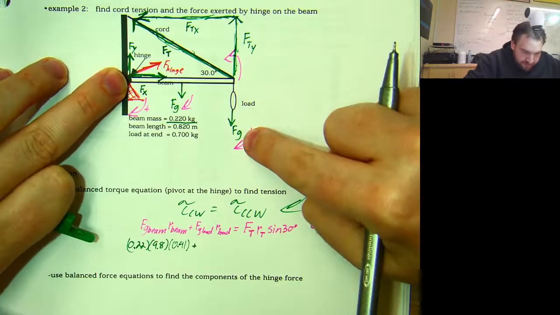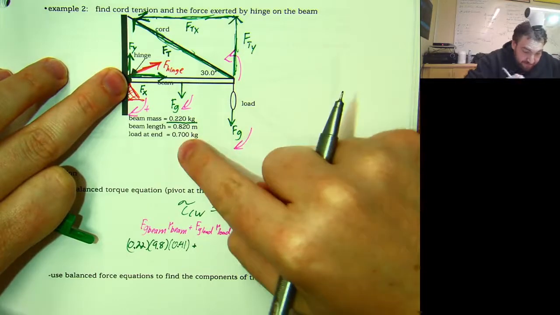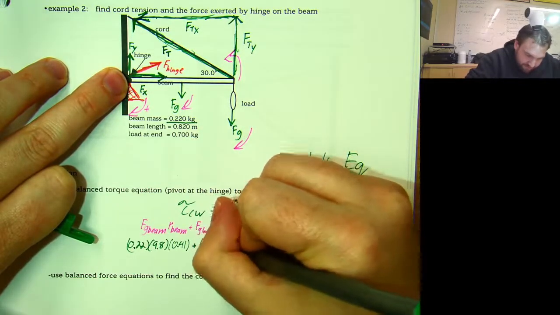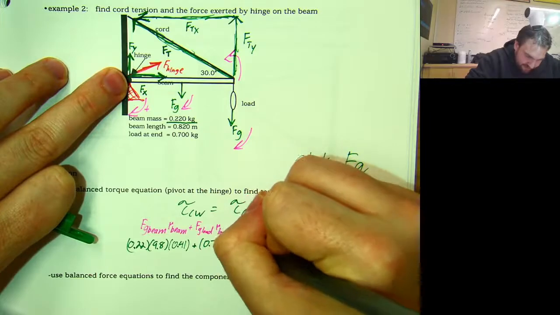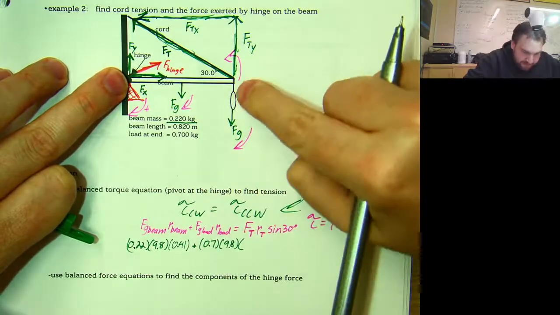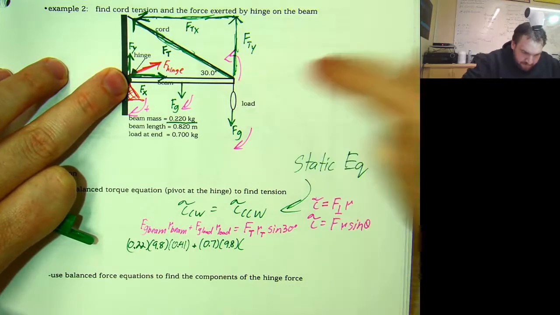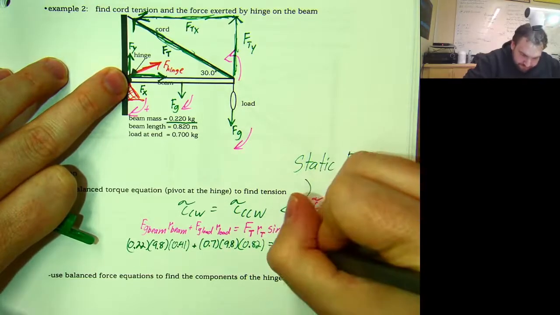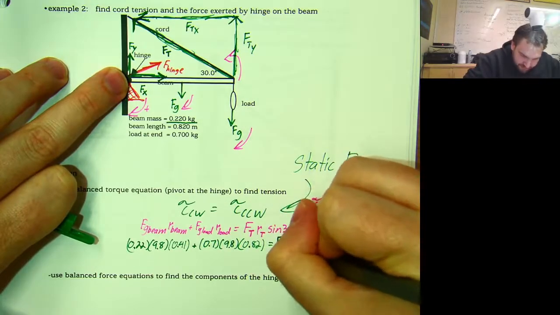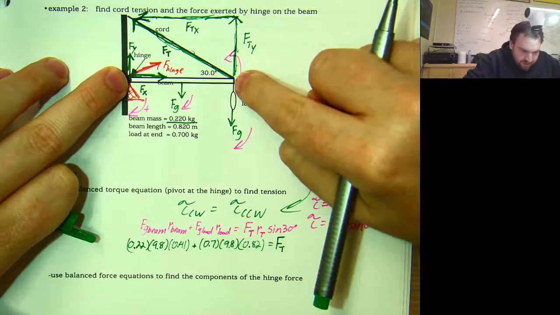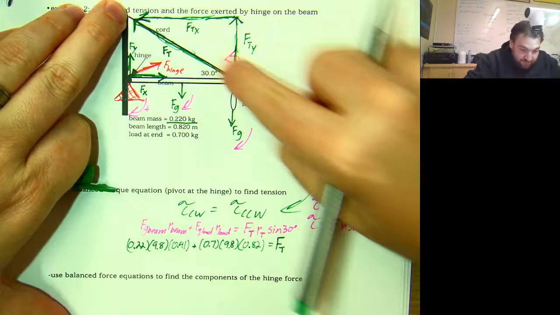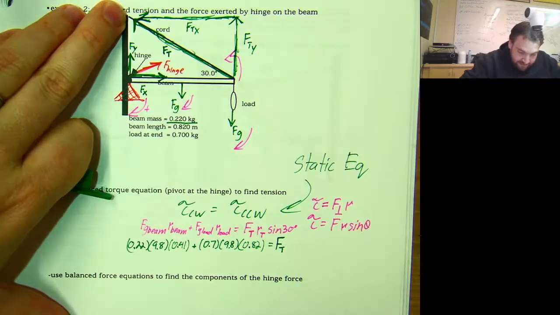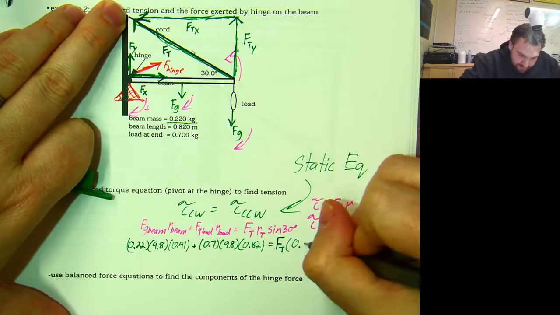Now FG load is 0.7 kilograms, so 0.7 times 9.8 times the full length of the beam, 0.82, because the load is at the end, equals the tension times the distance from the pivot, which is 0.82, because the tension acts at the end.